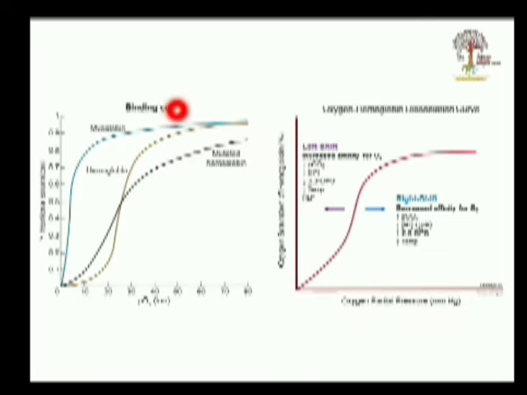But in the case of myoglobin, it is just like a hyperbola. So myoglobin's oxygen affinity is much higher than hemoglobin's. On the other hand, in the case of mutated hemoglobin, the oxygen affinity is much lower than in normal hemoglobin.